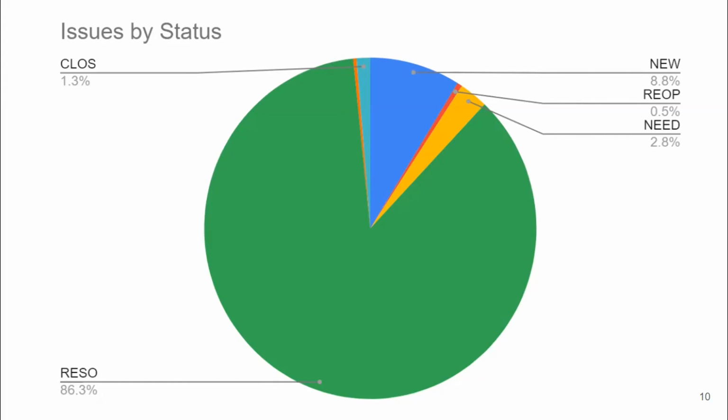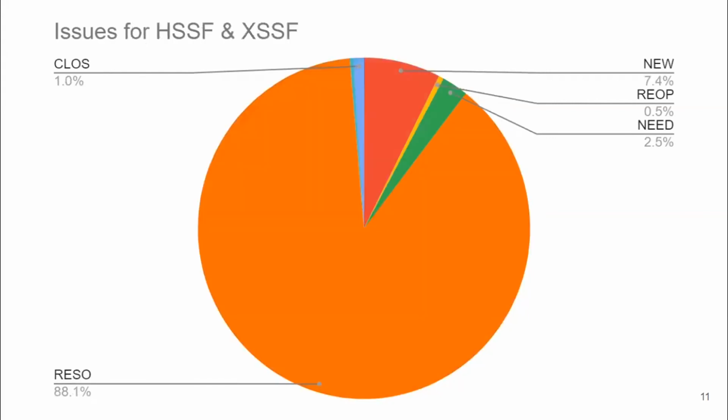You can see that there are more resolved issues. In the final stage, after verification by the QA team, the bugs are placed in closed status. We can see there are a lot of resolved, fixed bugs that the QA team has not verified yet. Next slide, please.